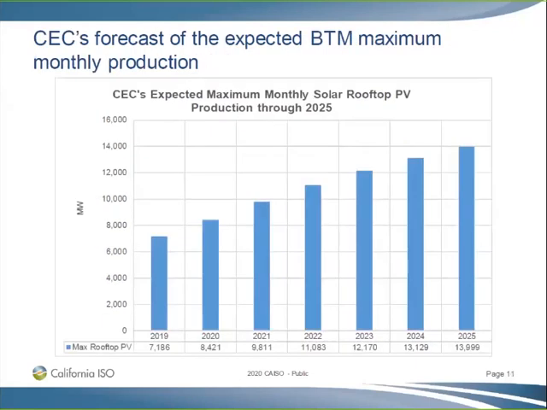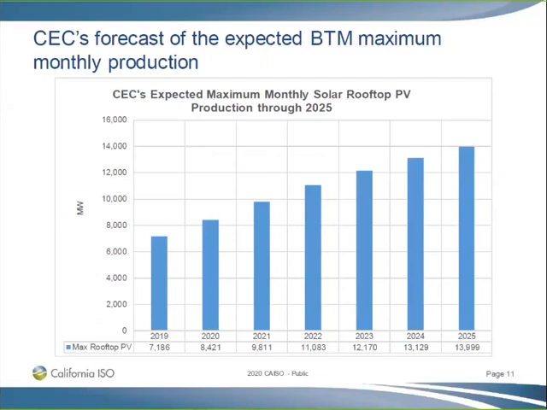So, moving on to slide 11. Slide 11 is, as I have mentioned, the CEC. They try to estimate the rooftop PV production. The previous slide we showed the capacity that we collected from the load serving entities. The CEC has similar data, and they try to estimate what that production is going to be.